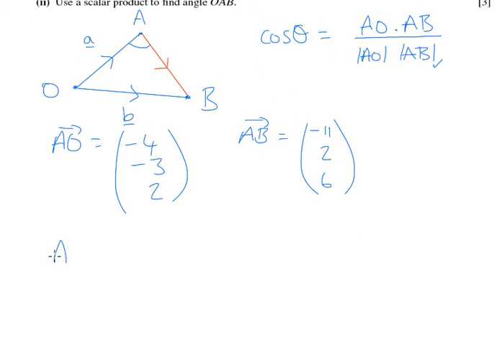The magnitude of A to O is going to be 16 plus 9 plus 4 square rooted, so that's the root of 29.